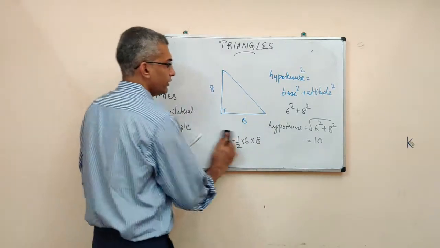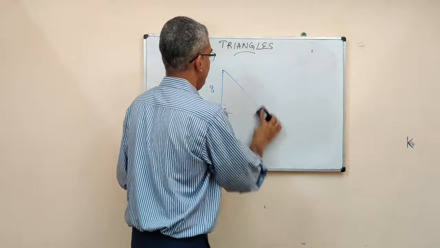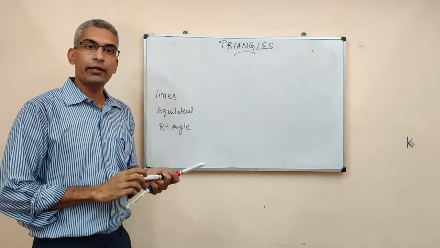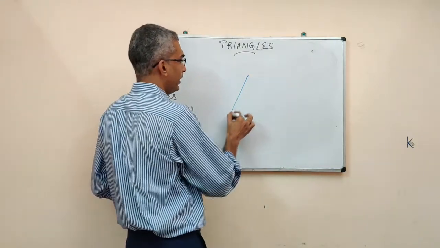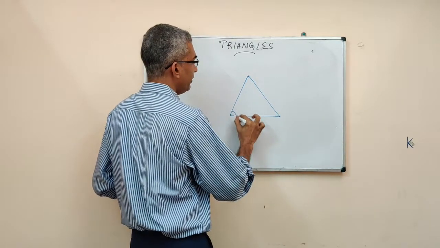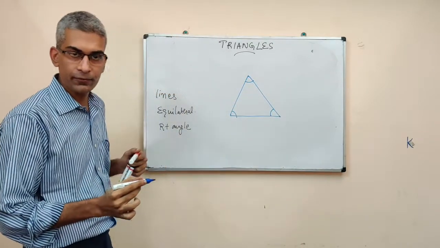Now let us look at the equilateral triangle. The peculiarity of an equilateral triangle is that all the three sides of an equilateral triangle are equal. All sides are equal, and subsequently all angles are also equal.